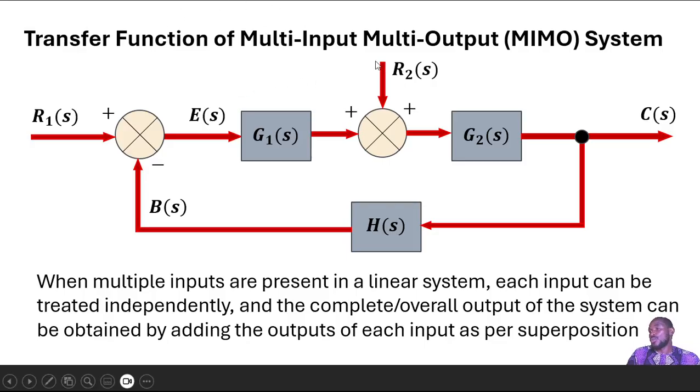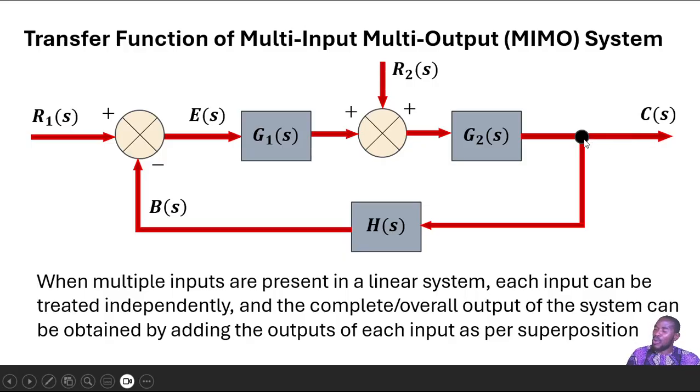Okay, so let's follow this very, very carefully. R2 of S comes here, right? It moves in this direction. There is a comparator here. Something is coming to add to or take away from R2 of S. We don't know yet. But R2 of S comes in and goes through G2 of S before it gets to this junction here, and that's your output, right?